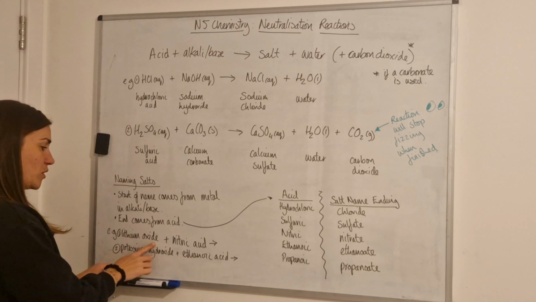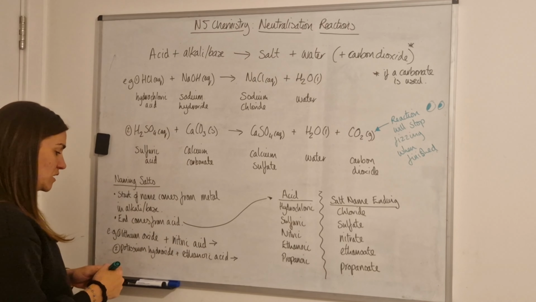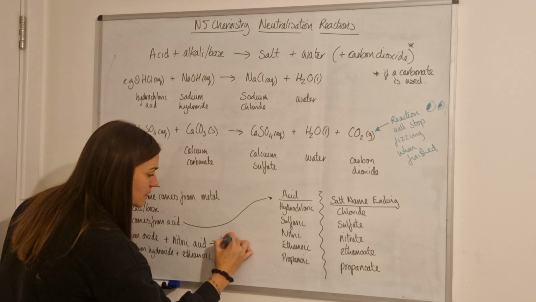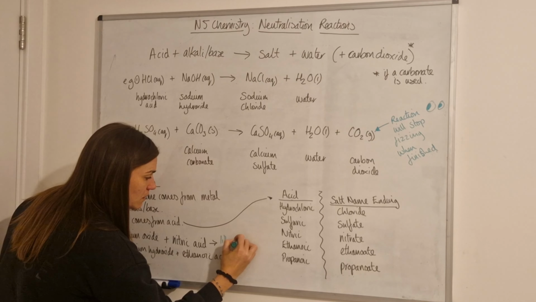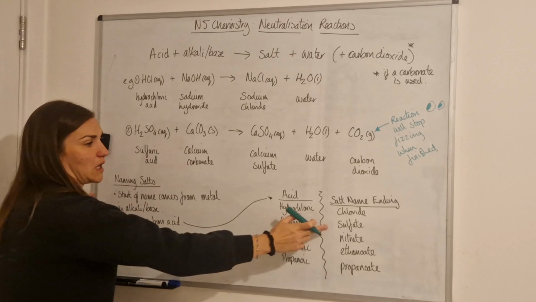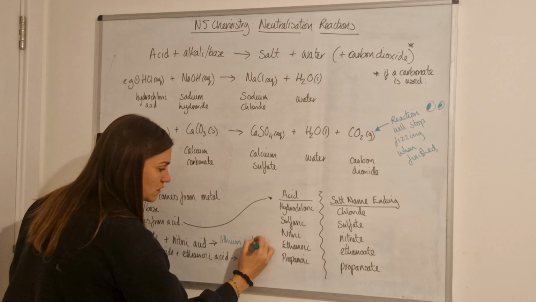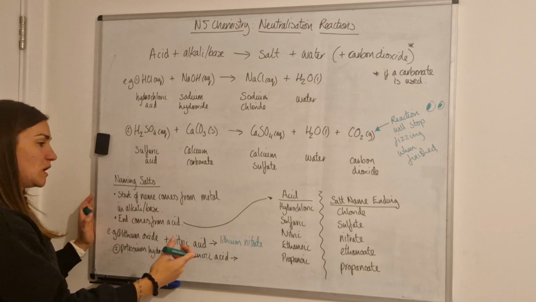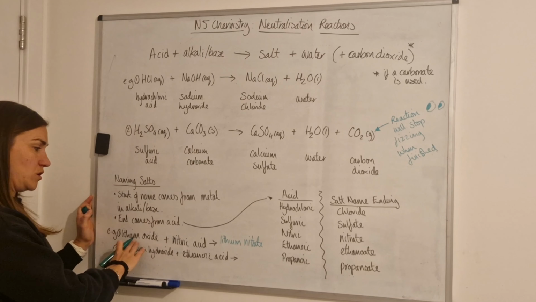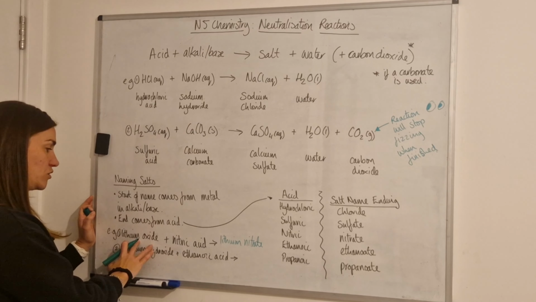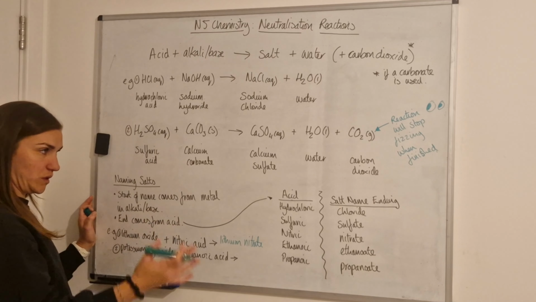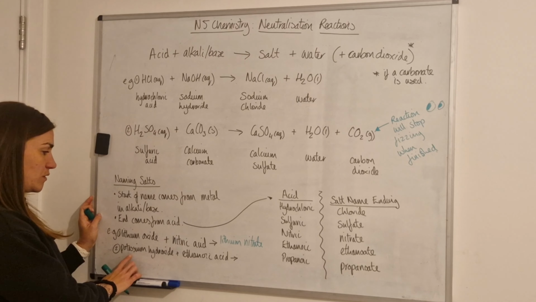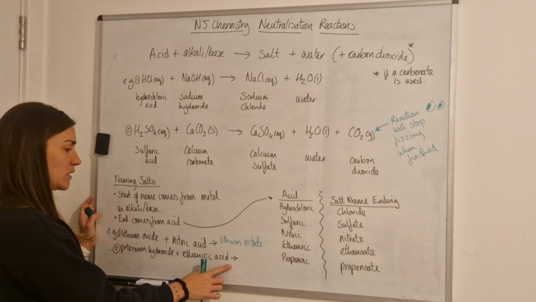We've got lithium oxide and nitric acid. The metal is lithium, so that would be the start of our name. And we've used nitric acid, so the ending would be nitrate. That means the salt would be called lithium nitrate. You would also make water because it's a neutralisation reaction, but there's no carbonate, so there would be no carbon dioxide. In this second example, we've got potassium hydroxide and ethanoic acid.